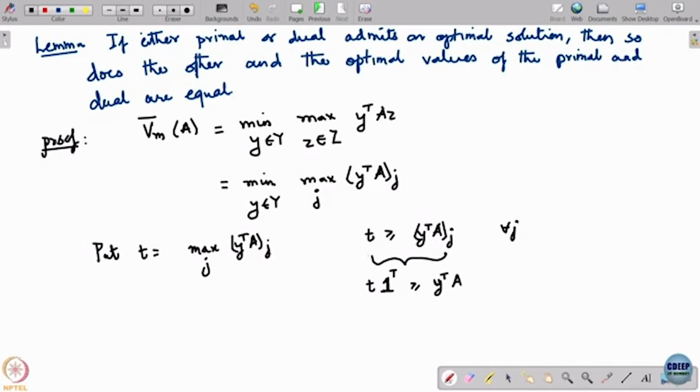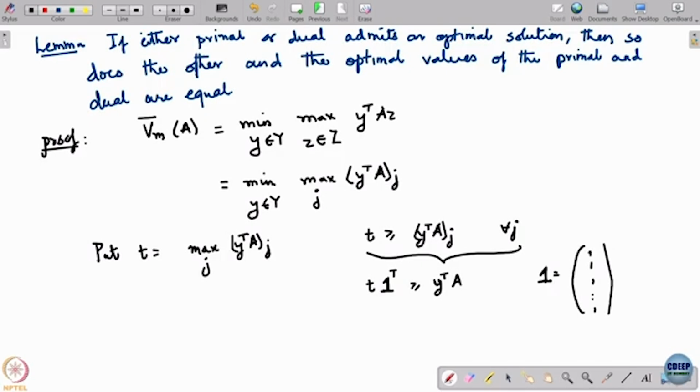This is a compact way of writing what I already have here. So what is this vector of 1s? It is a column vector with every component as 1. So T times 1 transpose is a row vector with T in all its components.